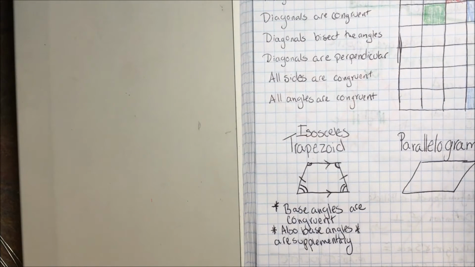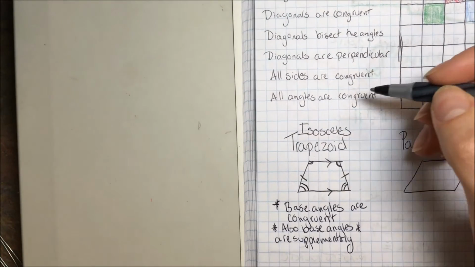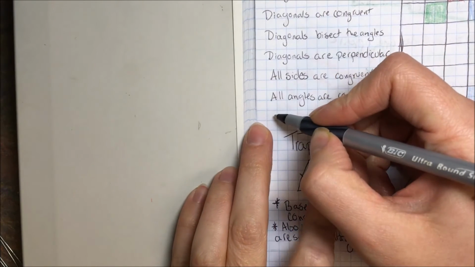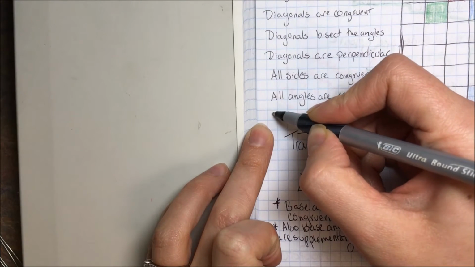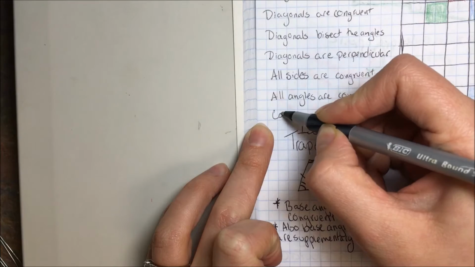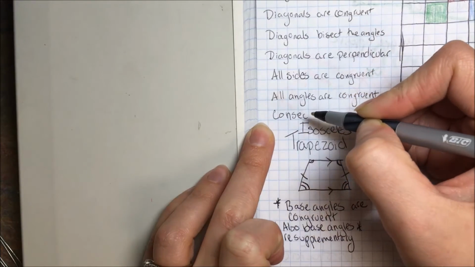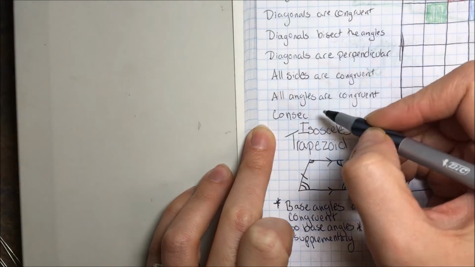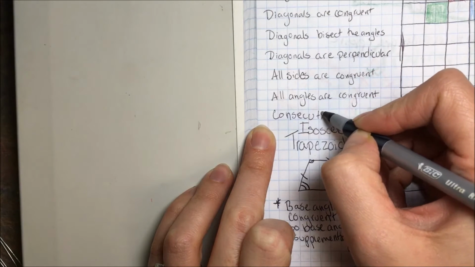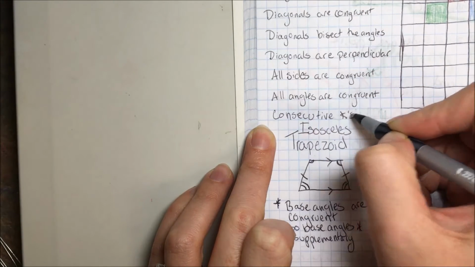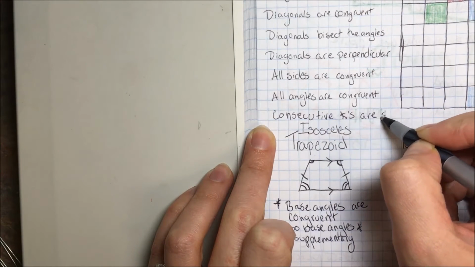In fact, why don't we add that little piece into our chart here? I'm going to add in consecutive angles are supplementary.